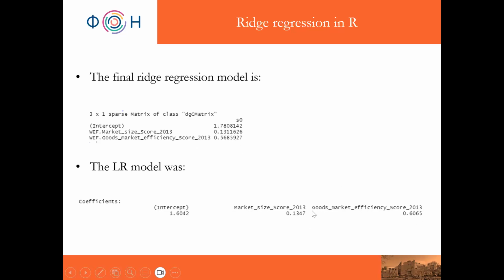The same holds for the estimate of the good market efficiency score coefficient. From 0.60, now it is 0.568. From 0.134, now it is 0.131. So we can see that the values of our estimates have shrunk a little bit compared to our original linear regression model.